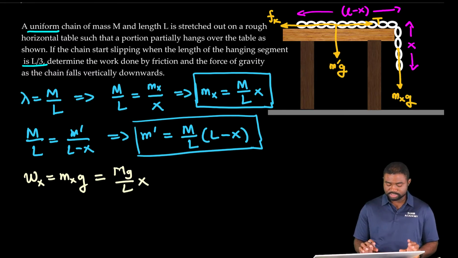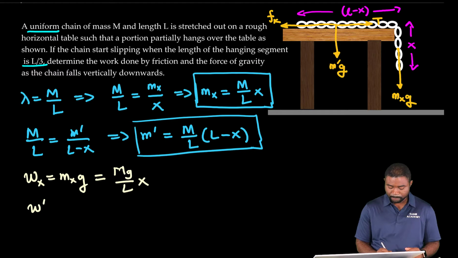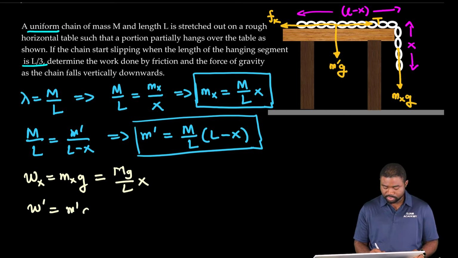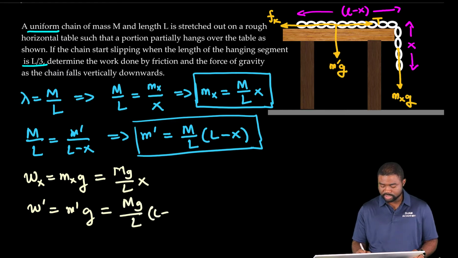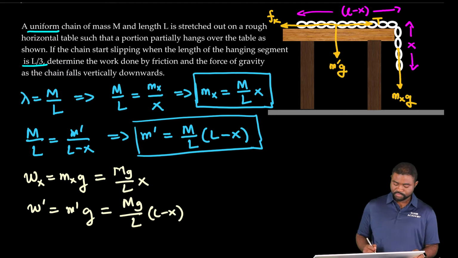So this is the weight of the hanging portion. Now we will calculate the weight of the portion lying on the tabletop, which is just going to be equal to m prime g, which is equal to capital M g over L bracket L minus x.